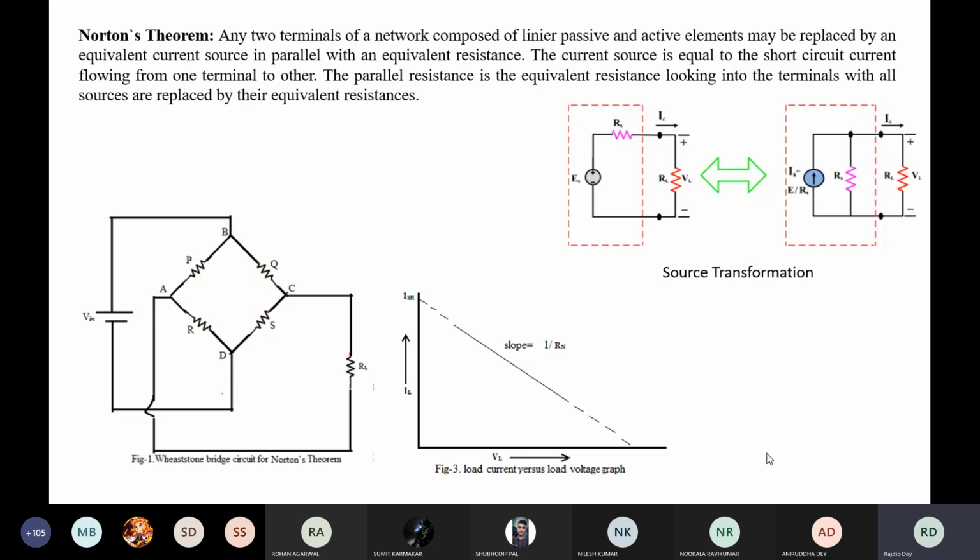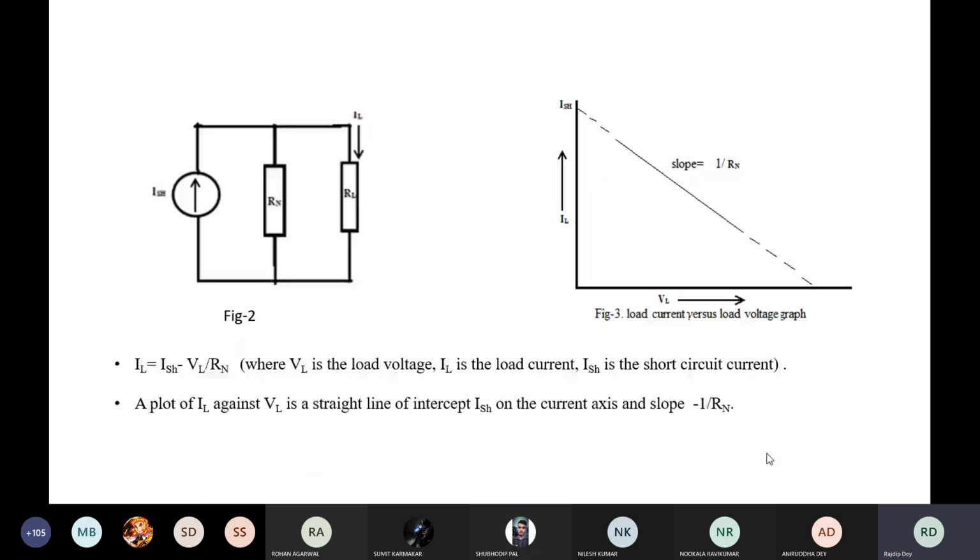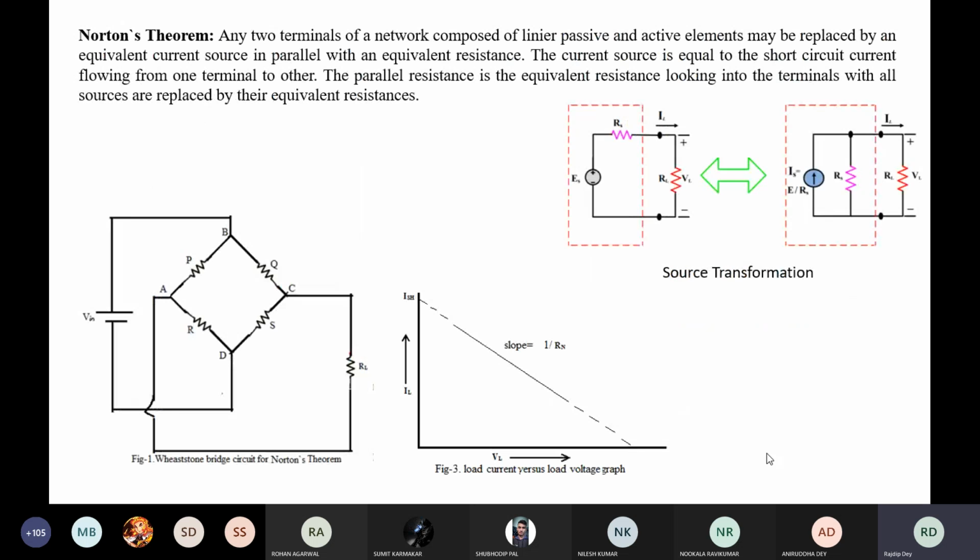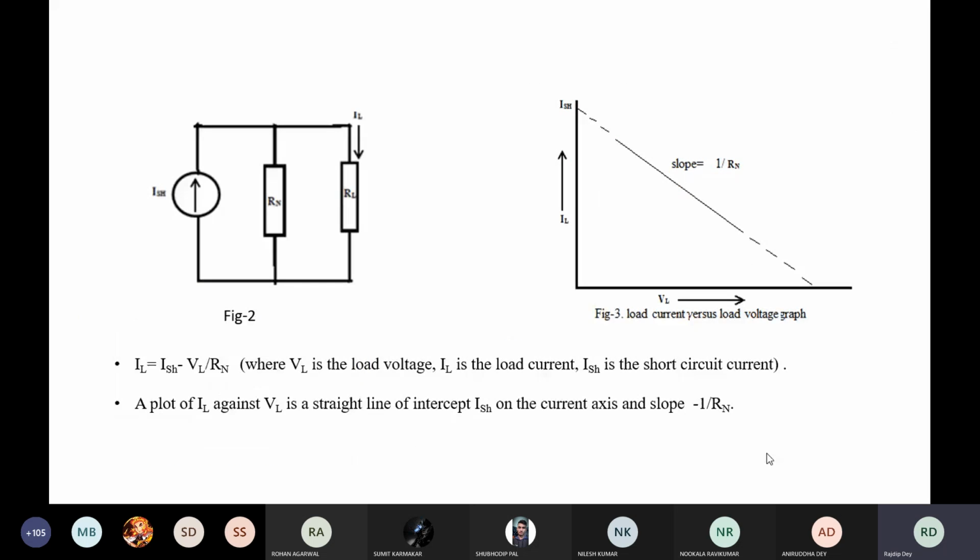If we connect the load RL with the circuit, and take the load voltage and load current measurement for figure 1, and again take the load voltage and load current measurement for figure 2, and if we plot them, those two graphs will come out the same. Except for the load, the other portion of the circuit should be replaced by the circuit in figure 2, right?